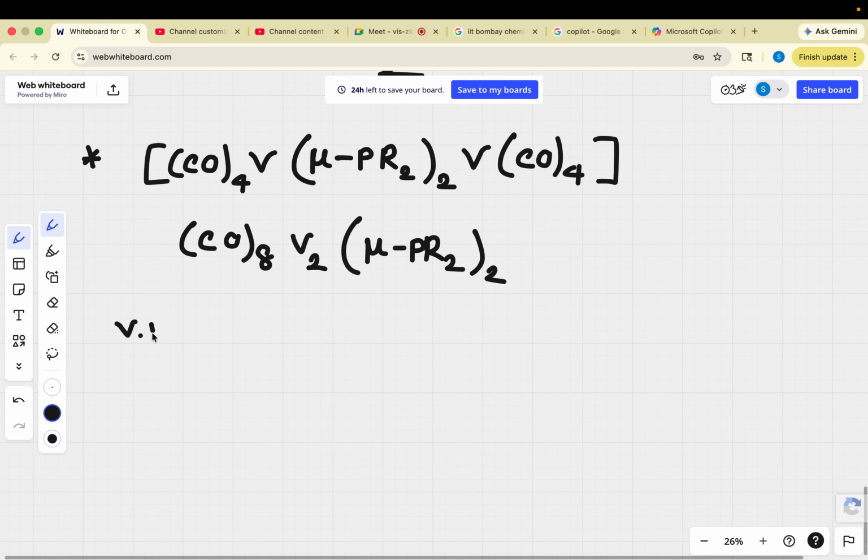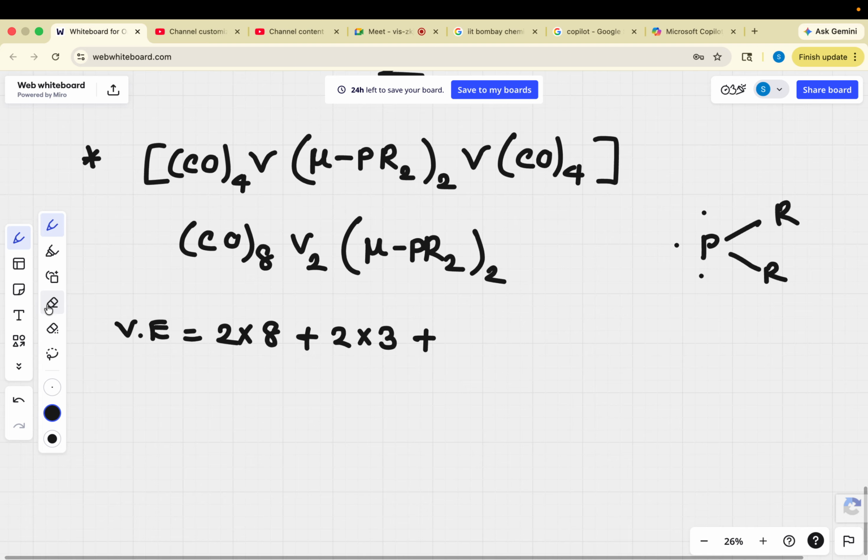Now the valence electron count will be what? For 8 carbonyl you will get 2 into 8. For vanadium, how many electrons is it donating? 3 electrons, and PR2. So now the thing comes, PR2. That means the phosphorus is making 2 covalent bonds with 2 alkyl groups, so how many electrons left? 3 electrons left.